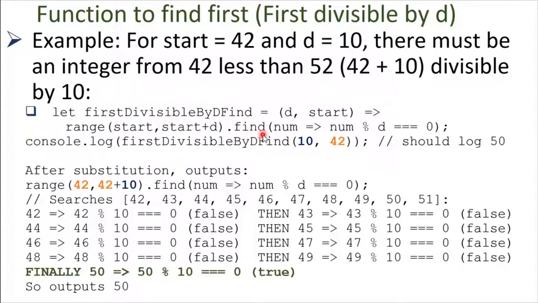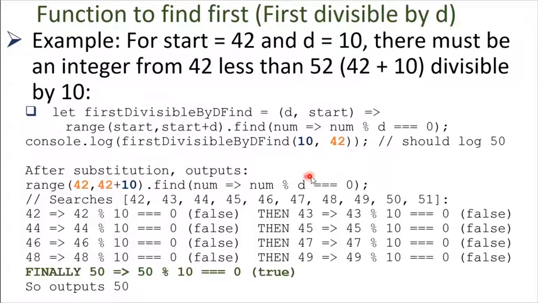So how is this going to work here? If we called firstDivisibleByD, plugging in 10 for d and 42 for start, it should log 50. We were looking for the first integer that's greater than or equal to 42 that's divisible by 10.